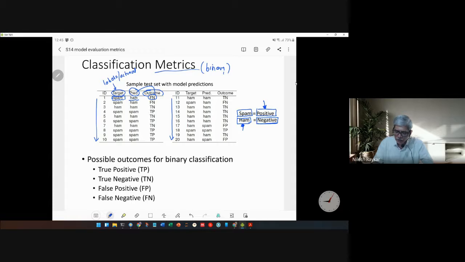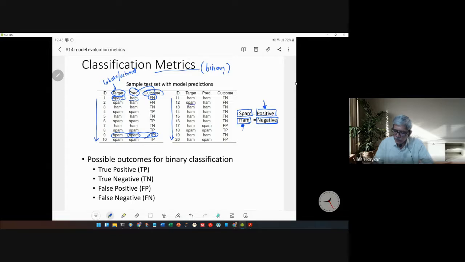Let's take some arbitrary another example. So let's take spam. So here the matching is there. So that is why true comes here. And the label that we are talking about, the predicted label, is a positive label. So here we are having true positive.